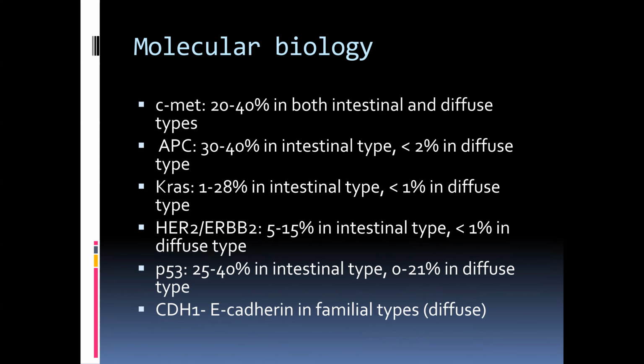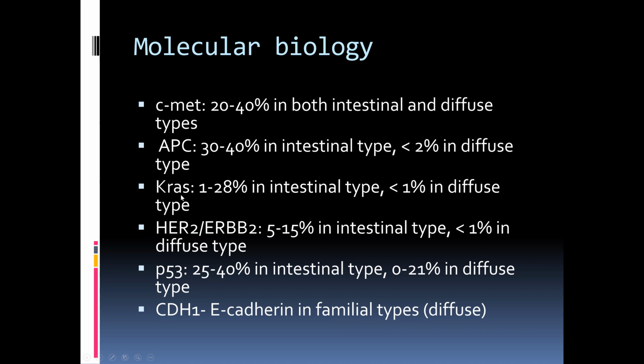In terms of molecular biology in these tumors, here's your board questions. c-Met mutations can be seen in both the intestinal and the diffuse types. The APC gene is involved with a fair number of the intestinal types. That's why I mentioned the adenoma carcinoma sequence, much less frequently in the diffuse types.